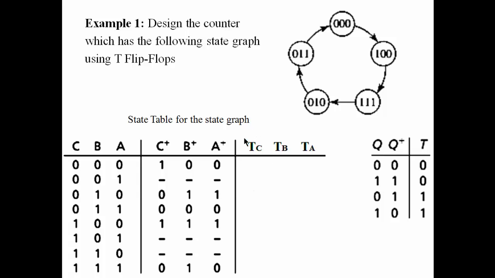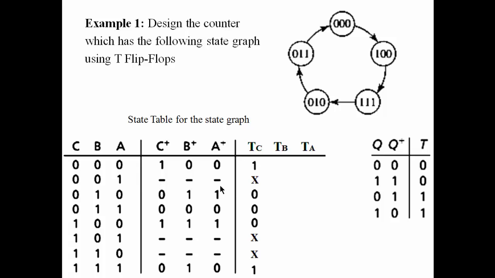Let's start with the TC. So let's look at the first number. We obtain this from the C here is 0 and the C plus is 1. So let's look at the table. 0 and the plus is 1. So we write 1 in the T column.